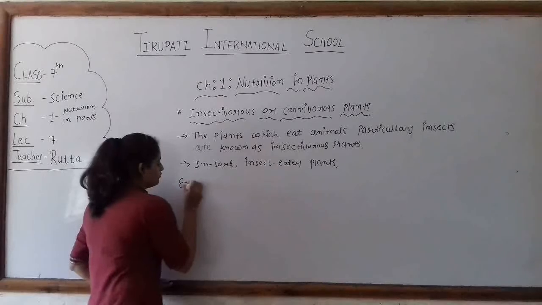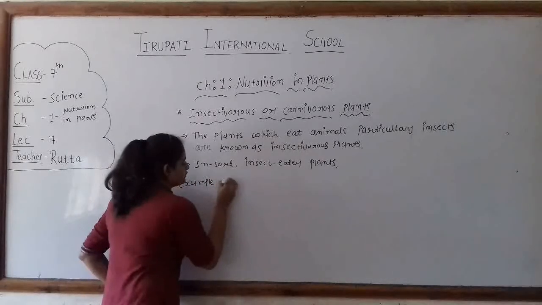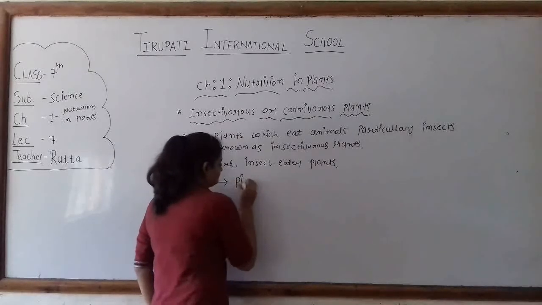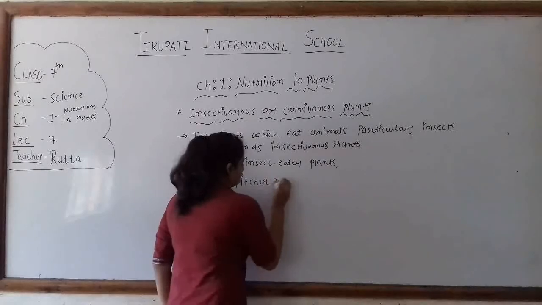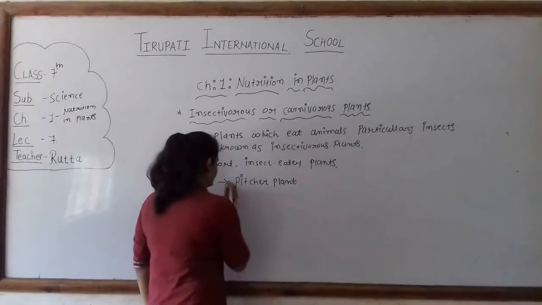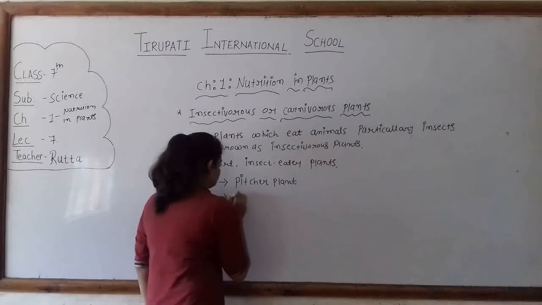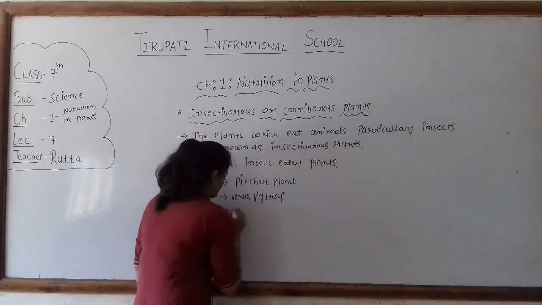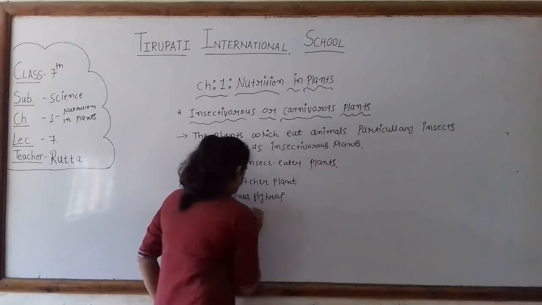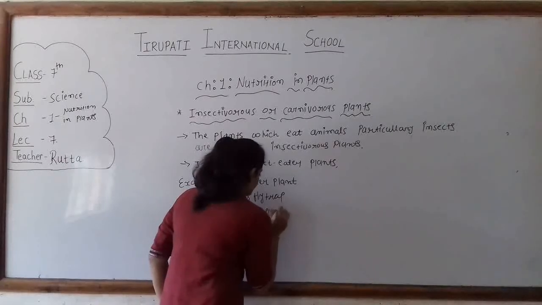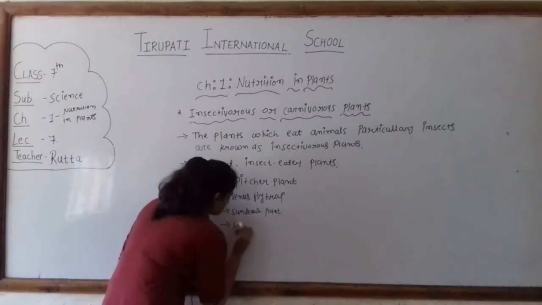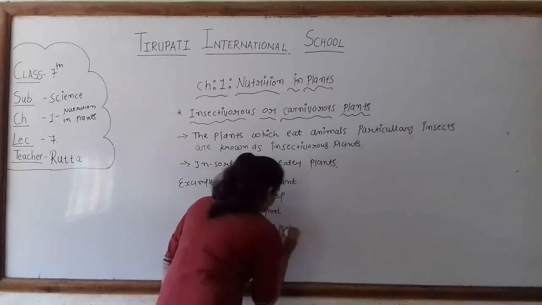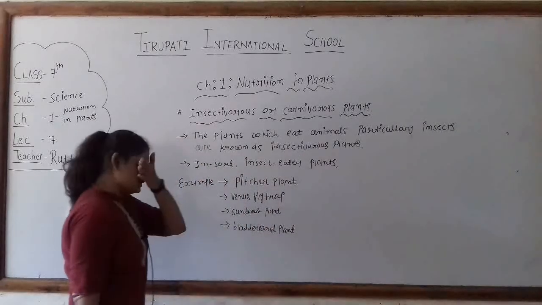Examples of insectivorous plants are the pitcher plant, then the Venus flytrap, then the sundew plant, and then the bladderwort plant.